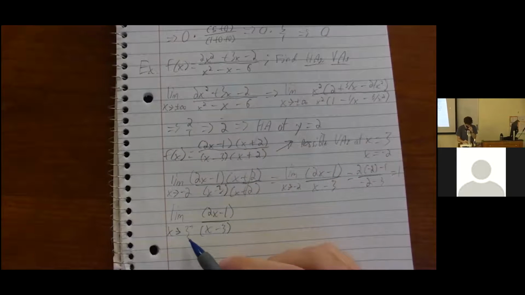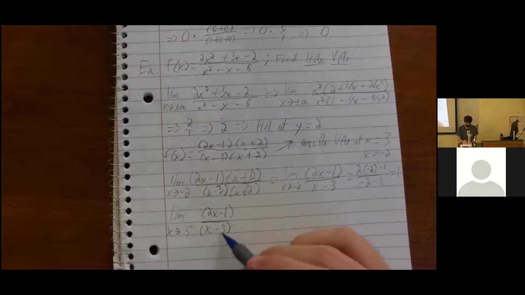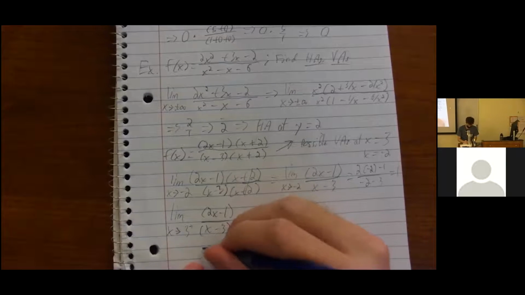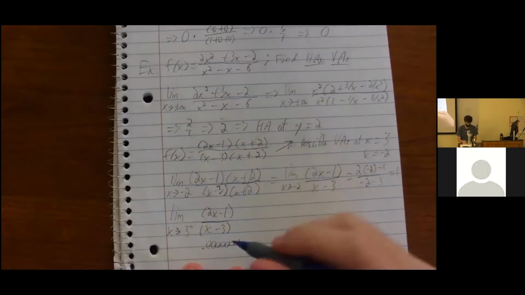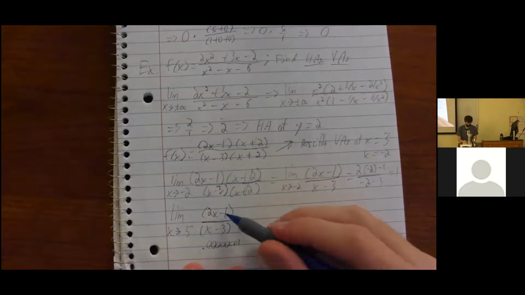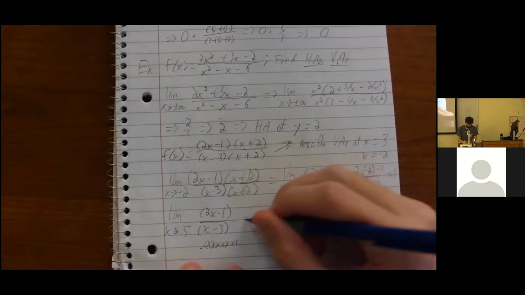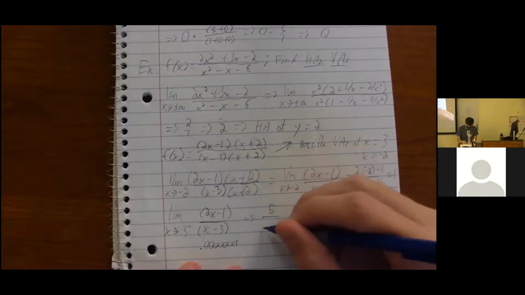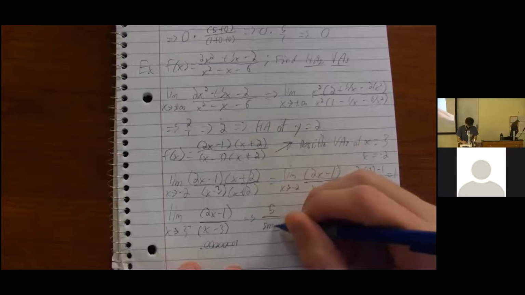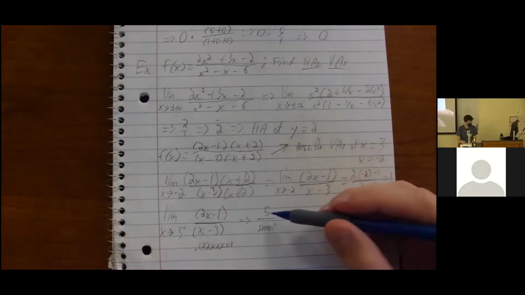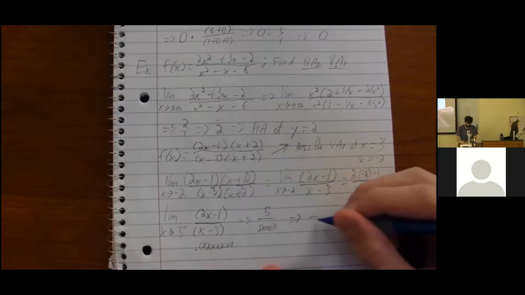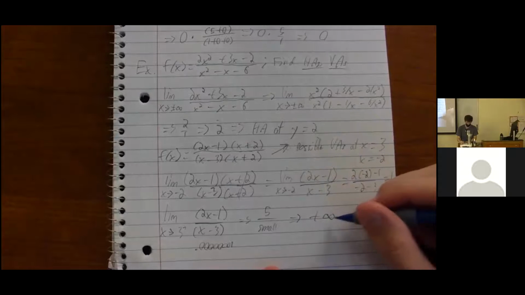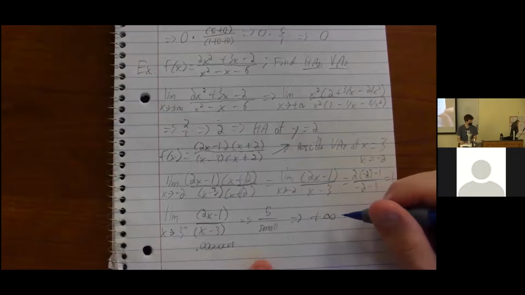If you plug it in from the positive side, that means x is going to be just barely bigger than 3, so it's going to be a really, really small number. And then this is going to be like 5. So it would be like 5 over super small. If you have some number over an infinitesimally small number, that gets you that infinity, right?